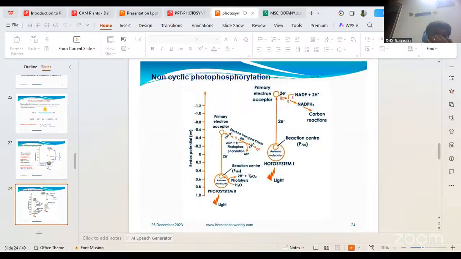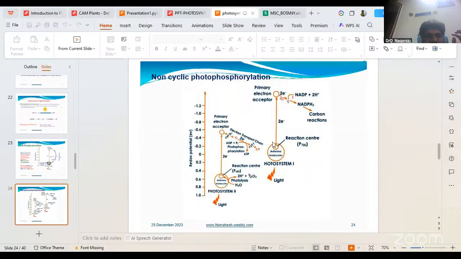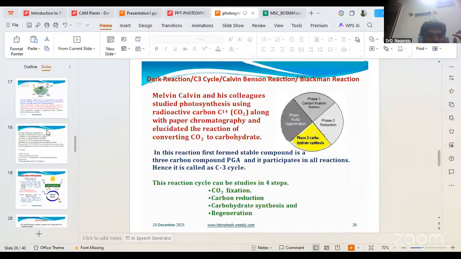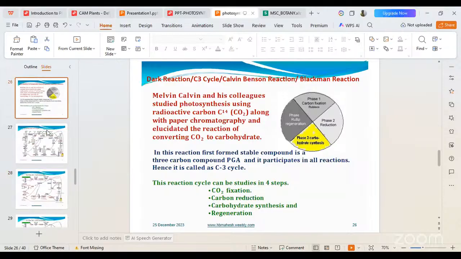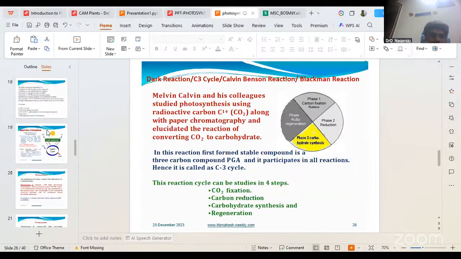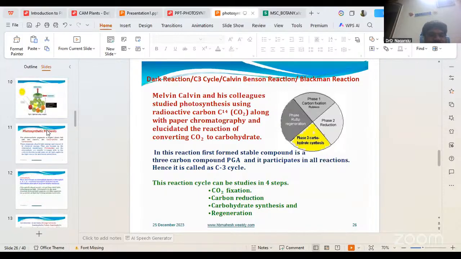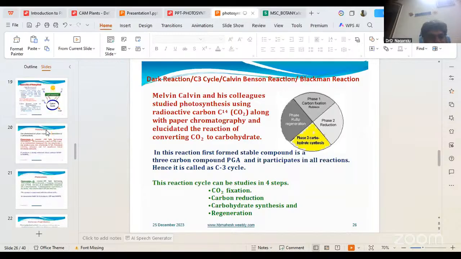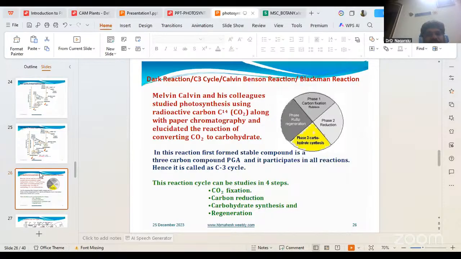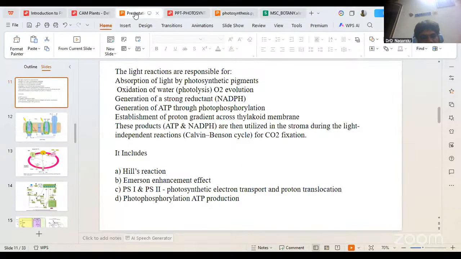The dark reactions again have three types. What are those three types? C3, C4, and CAM. These are the three types.